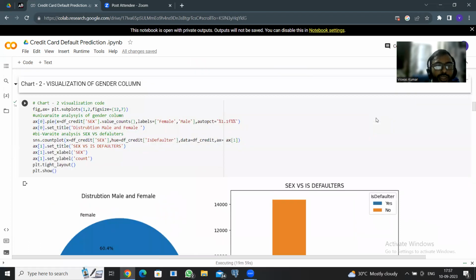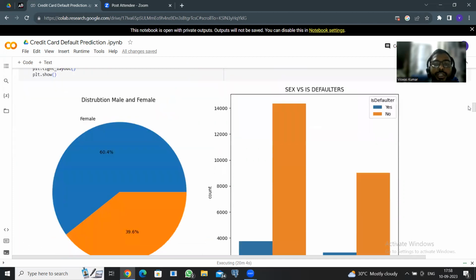So we have to reduce these numbers by correctly predicting the loyal customers or the right customers. Coming to the second visualization, the gender column, which is male and female, and the relationship with our dependent variable, that is defaulters.